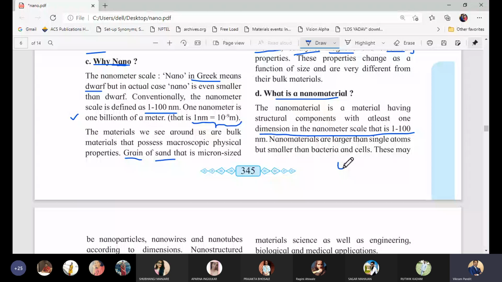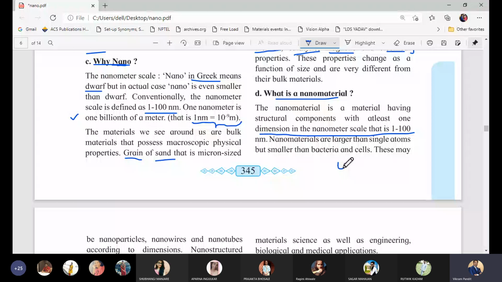For example, see this rod shown over here. If we take this rod and put it on the y-axis, it has growth only on the y scale. So 1 dimension is increasing, but this is 0 and this is also 0. Only 1 dimension is increasing, so that's why this is known as a 1 dimensional thing.